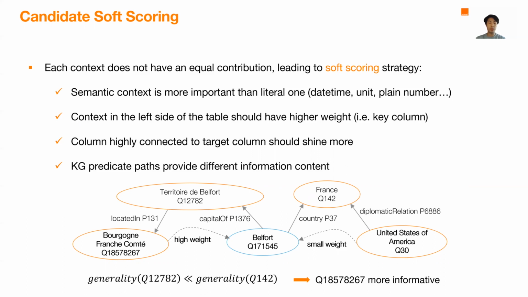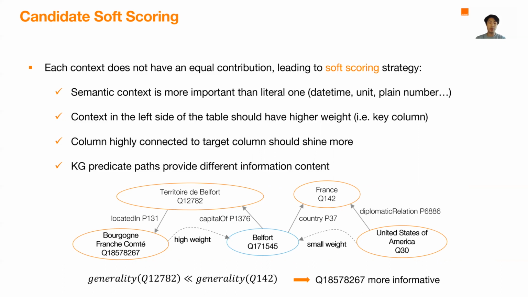For example, a semantic context is more informative than the literal ones, such as subject, datetime, and unit. A cell that is closer to the left side of the table has more chance to be a valid context of the target cell. A column that is highly connected to the target column should have more influence than the other poorly connected columns.